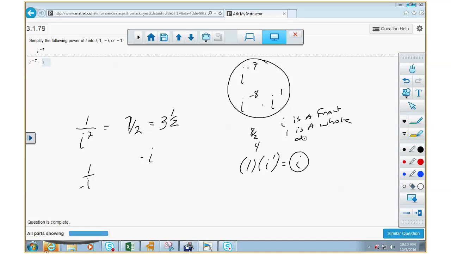Odd is what? Negative. Even is what? Positive. So, what's 8 divided by 2? 4. So that means you got a 1, and since it's even, it means it's positive. And the i to the 1 is i, so that would be i times 1, which is i. So you can do it that way. It might make it easier for you.